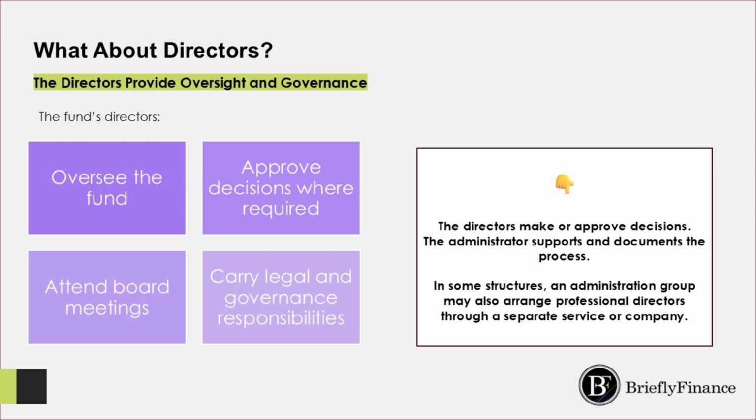The administrator or corporate secretarial team may support the directors by arranging meetings, preparing documents, recording minutes, and following up on approved actions. So the directors provide oversight and approval, while the administrator helps organize and document the process. In some structures, an administration group may also arrange professional directors through a separate service or company.